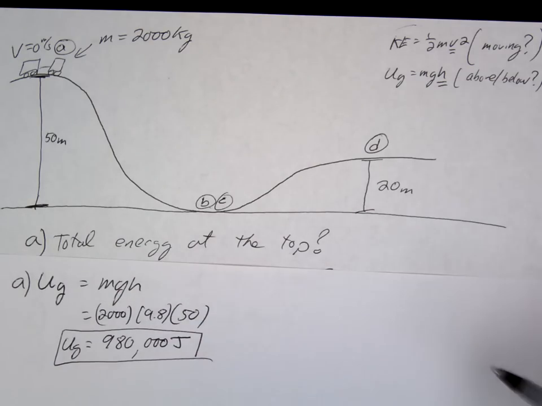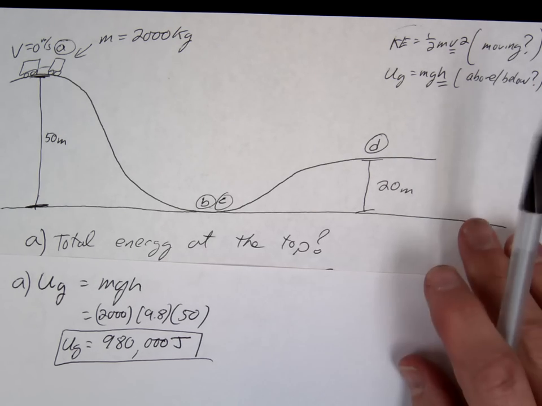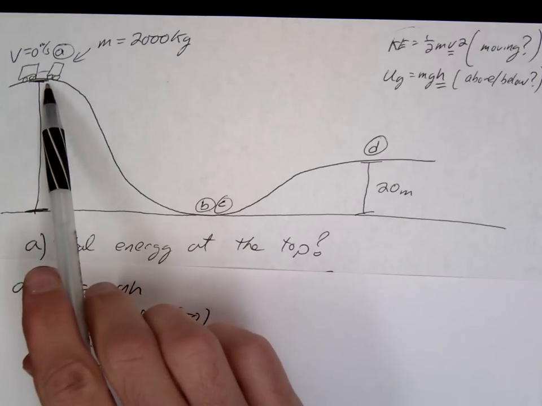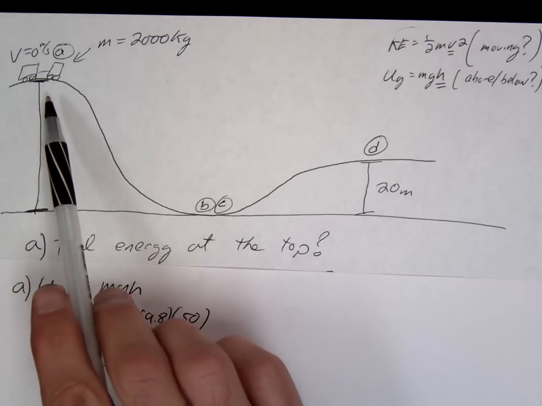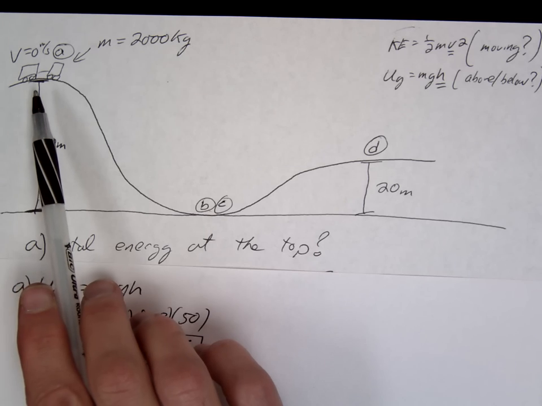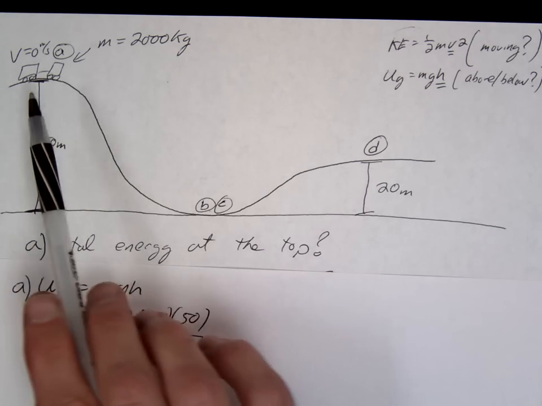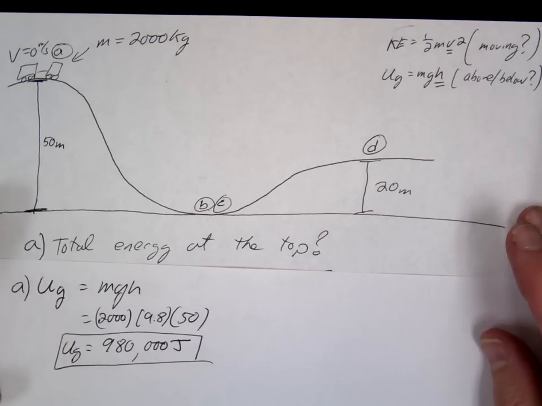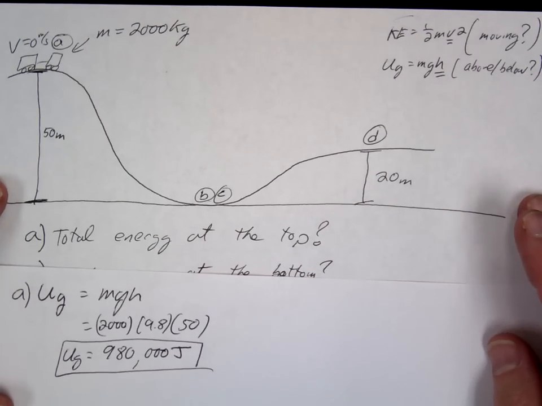Okay, so it has 980,000 joules of potential, but that's also the total energy. So that's all the energy because it's only potential at the top. How would it change if this was moving? It would have kinetic and potential. It would have both types of energies at the top. But in this case, it only has potential.